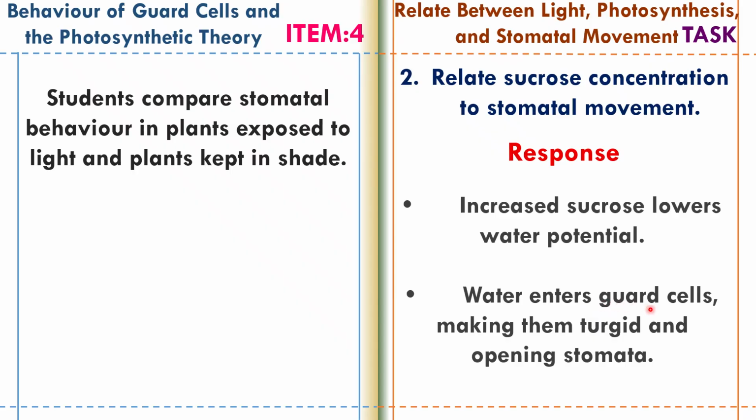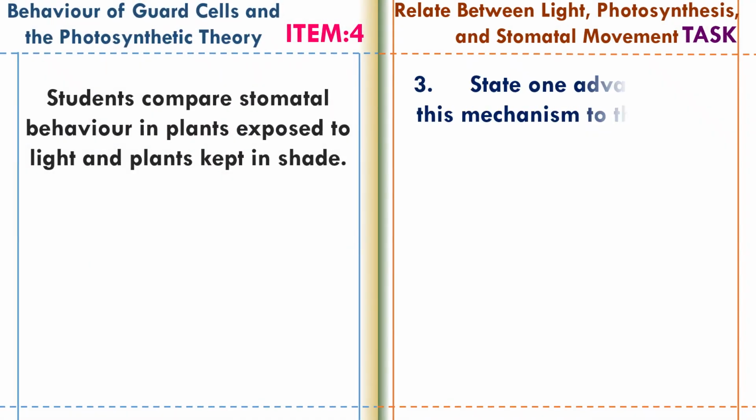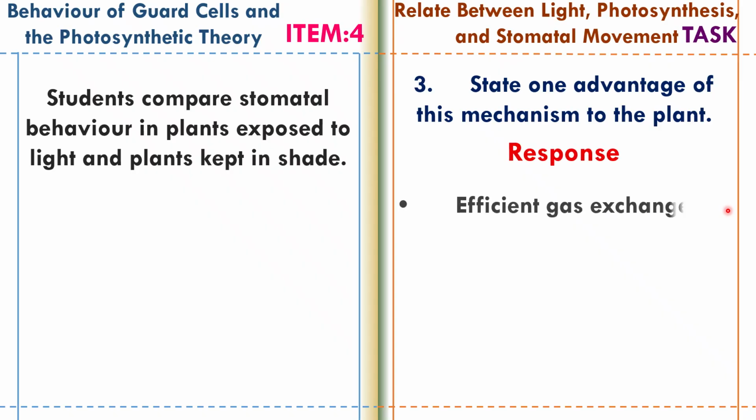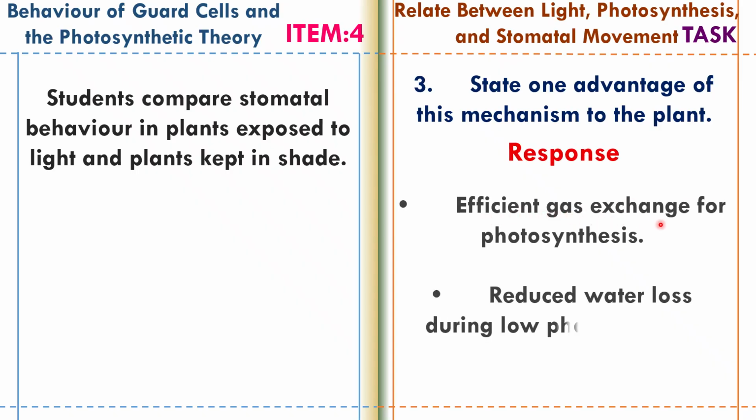Water enters guard cells, making them turgid and opening stomata. State one advantage of this mechanism to the plant. Efficient gas exchange for photosynthesis. Reduced water loss during low photosynthetic activity.